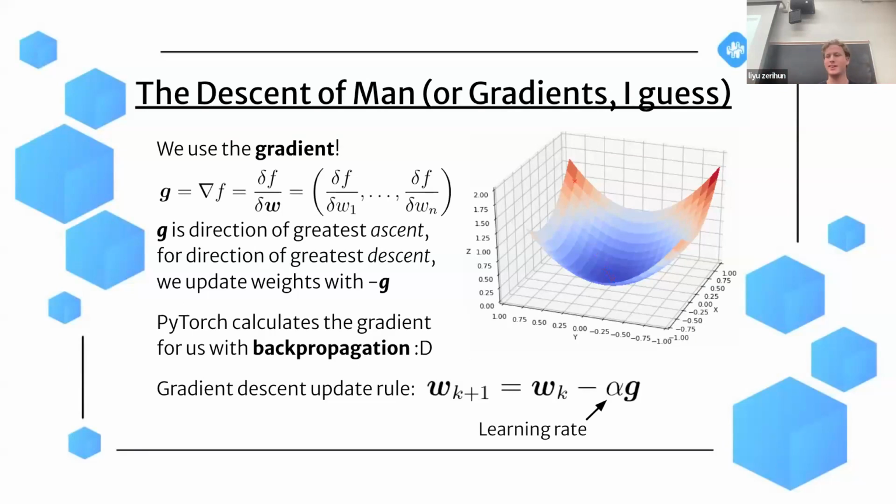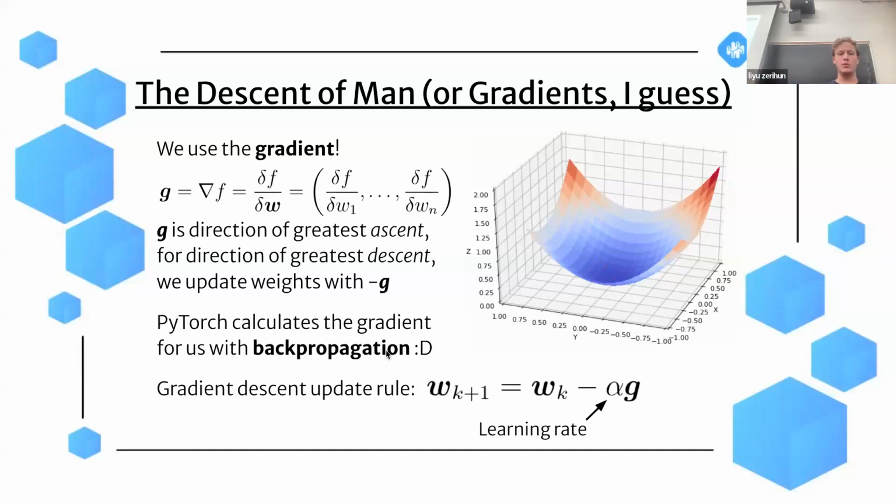Sorry, I couldn't quite get the words right. Basically, if we maximize, that's gradient ascent. But what we want is descent. So you just go the opposite way, and you just use the negative. So G is the direction of gradient ascent, and we use negative G.